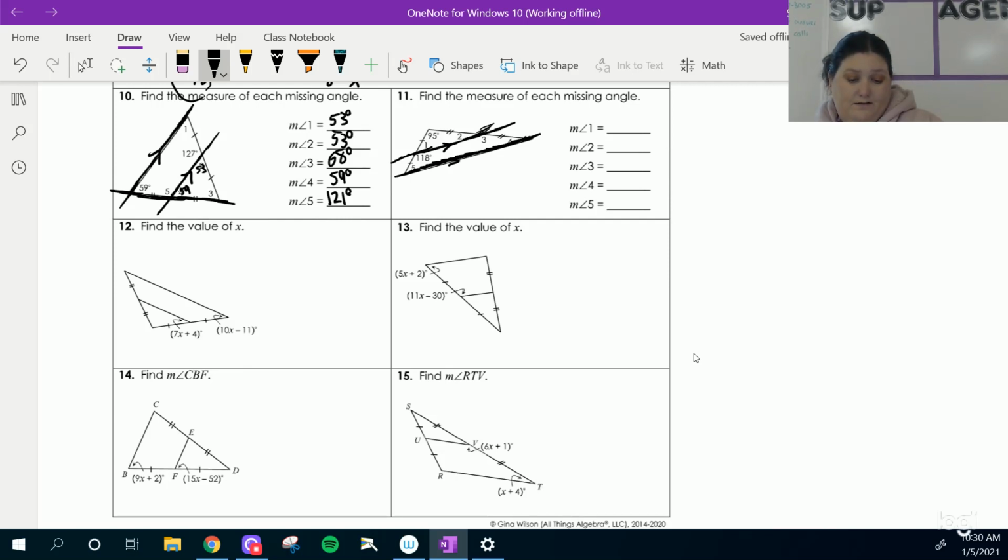And I'm going to start with this transversal. Again, the reason I did that is because I have 118, which is supplementary to angle 1. So I do 180 minus 118, and that gives me angle 1, which is 62. Then I know that angle 1 and angle 5 are corresponding angles, so angle 5 is also 62.